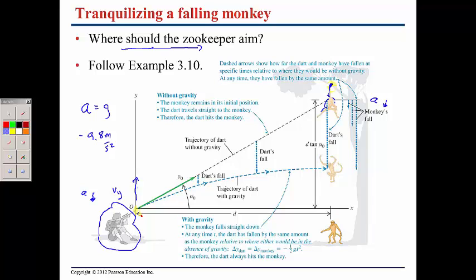So while the monkey's velocity is going to get larger and larger in the downwards direction, the dart is going to have a smaller and smaller upwards y velocity because the acceleration is in the opposite direction of it. But they are both accelerating downwards at the same rate, and that's why we want to aim directly at the monkey.